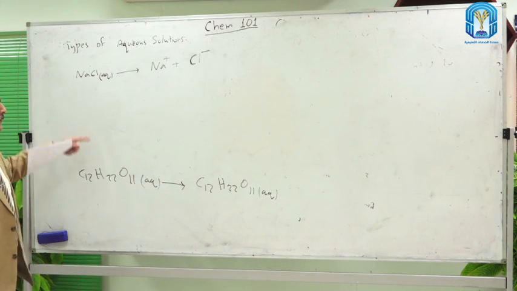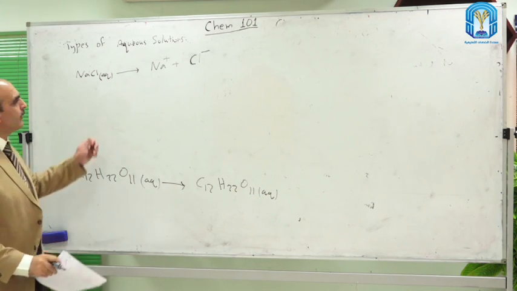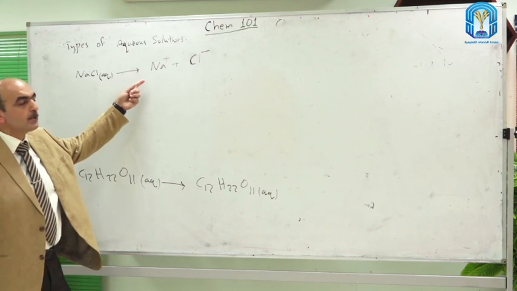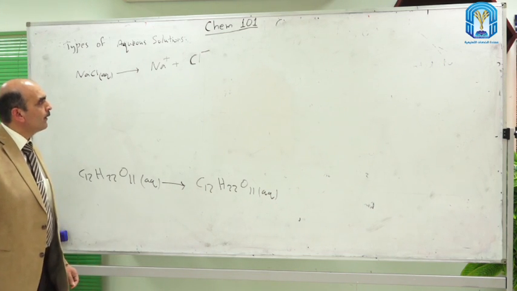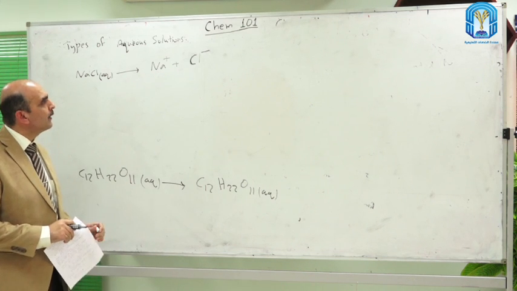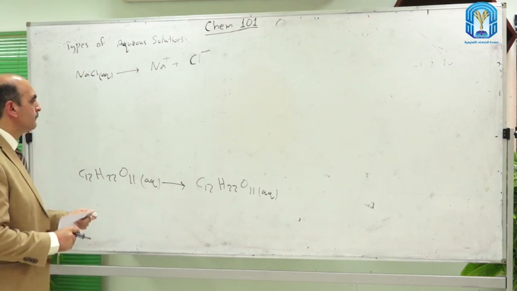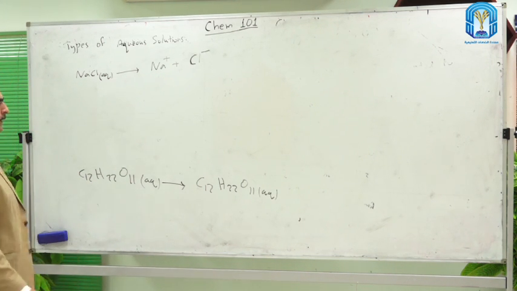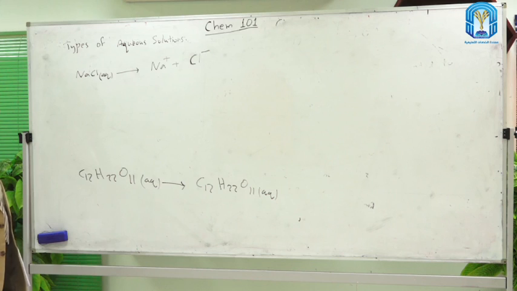The difference between these two solutions: the sodium chloride ionizes completely in water and gives cations and anions, positive and negative ions, whereas the glucose, the sugar, stays intact as it is.